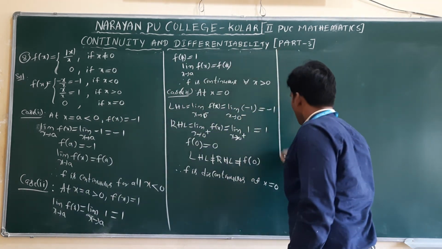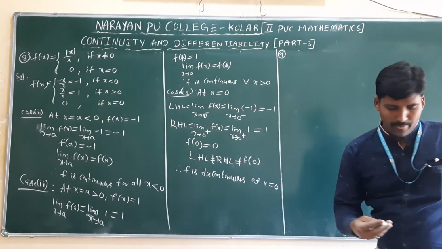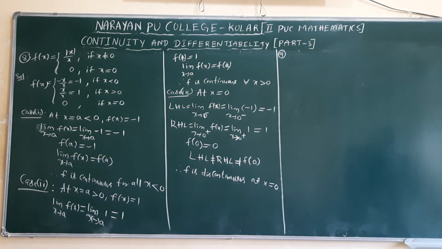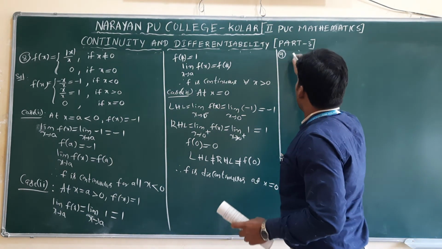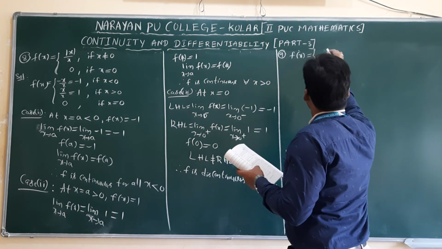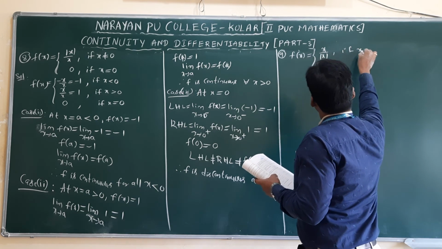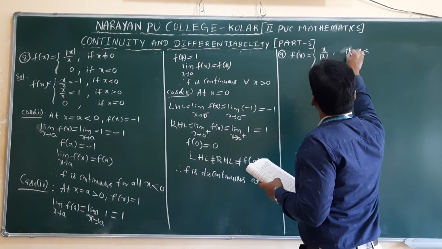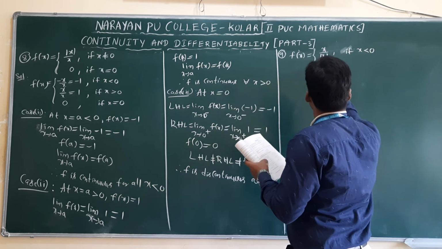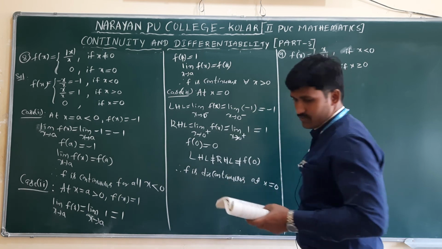Next question. Ninth one. So ninth question, f of x equals x by mod x if x is less than 0, minus 1 if x is greater than or equal to 0.